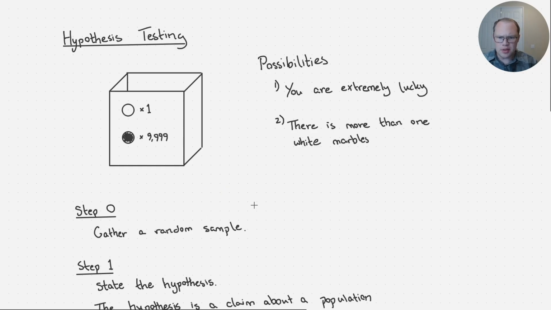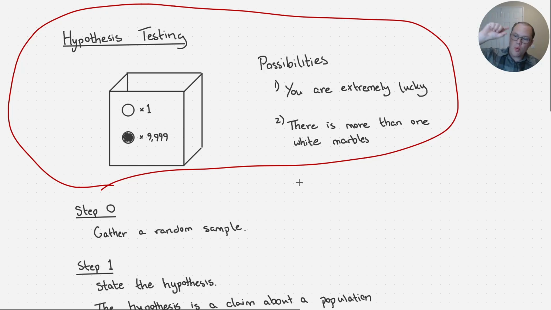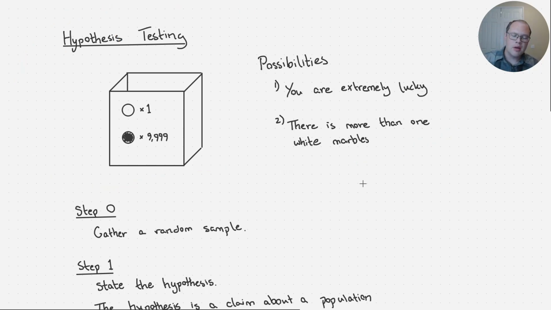In this example, we just kind of use our intuition. If we choose that one white marble, assuming the claim is true, assuming the hypothesis is true that there is only one white marble, the probability would be extremely small of actually choosing that, right?